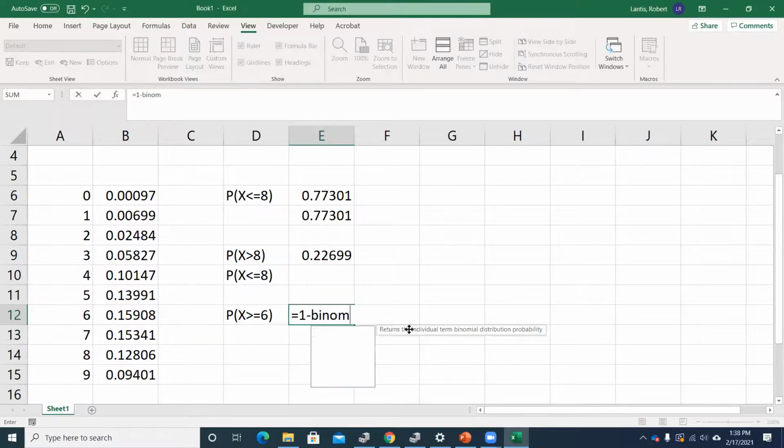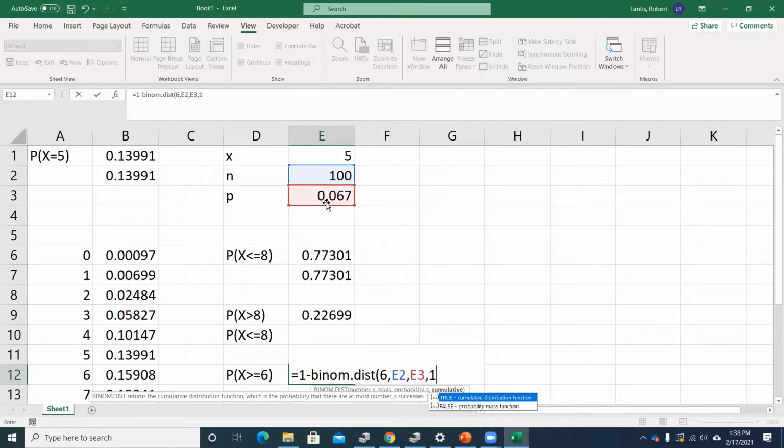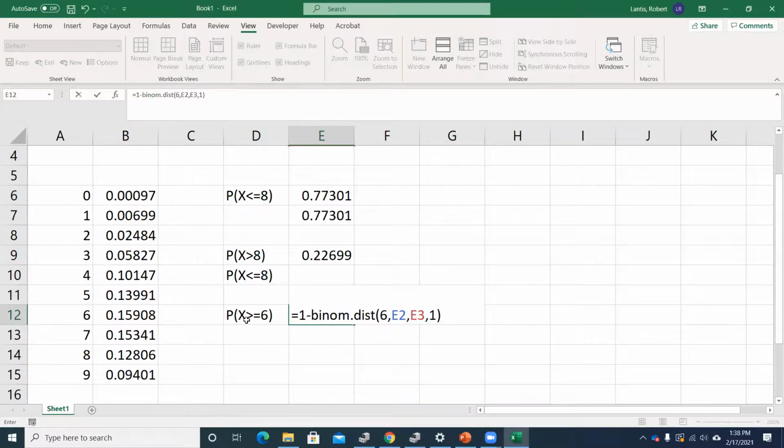I mean, that is what I want to do. When I'm finding the complement, if I put in 6, comma, number of trials, comma, probability of success, make it cumulative, and I'm thinking, oh yeah, I'm just taking 1 minus the complement, that'll give me the probability of the event. That's great. Well, what's a problem with this?